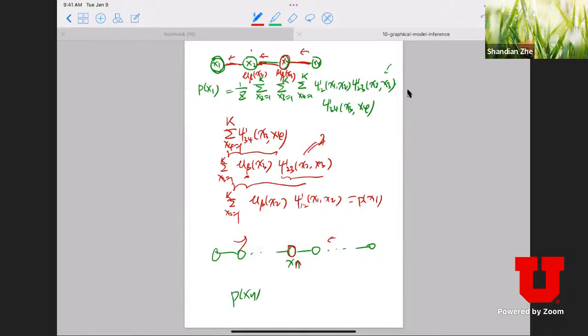You just need to calculate all the messages. Once all the messages are ready, for every particular node, you can just multiply the forward and backward message. That's it. Those messages are reusable by every node. You don't need to recalculate. That's a good thing, and it's a benefit of this.